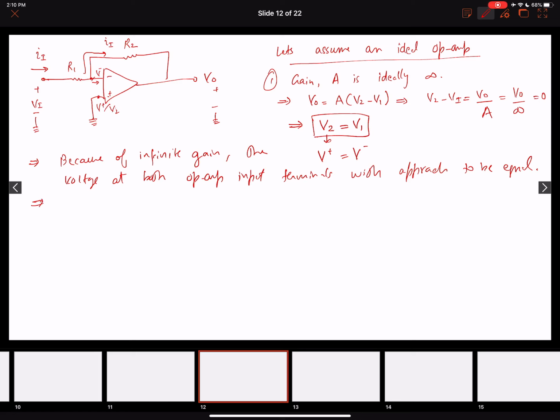Since the voltages between both of these terminals will be the same, we can say that this is a virtual short circuit between inputs 1 and 2.